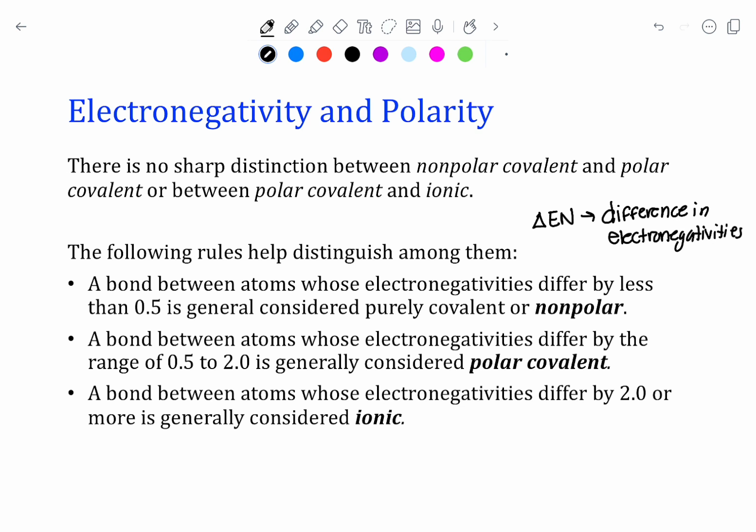Okay, so if the bond between two atoms whose electronegativities differ, so have a delta EN, less than 0.5, this is generally considered a pure covalent or a nonpolar covalent bond.